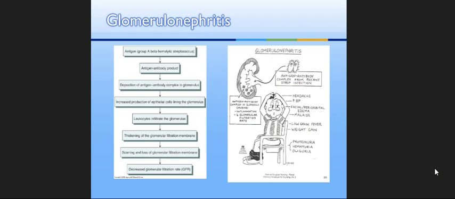The filtration membrane becomes thickened, then scarred, and there is loss of glomerular filtration membrane because it becomes non-functional. At the end, we end up with decreased GFR, decreased glomerular filtration rate. I mean, decline of the function of the kidney. So it is the pathophysiologic etiology of that glomerulonephritis.